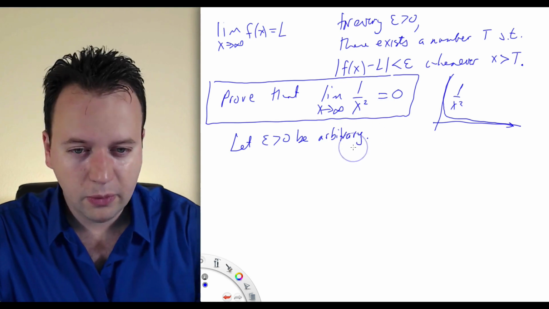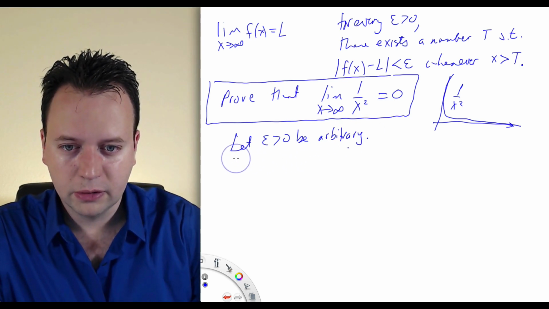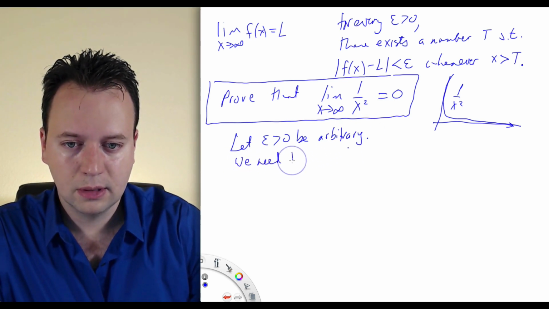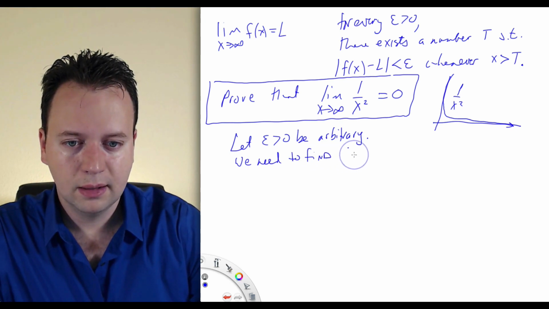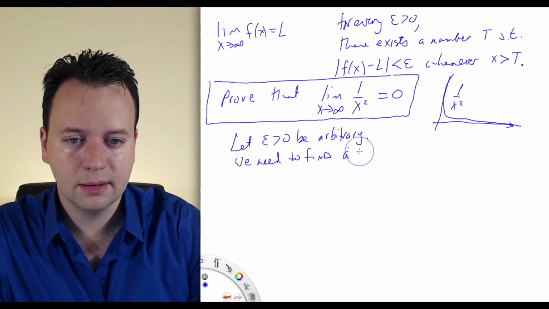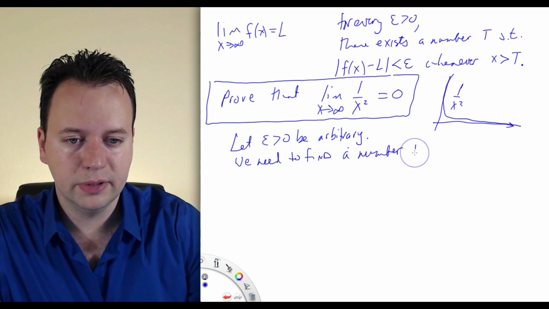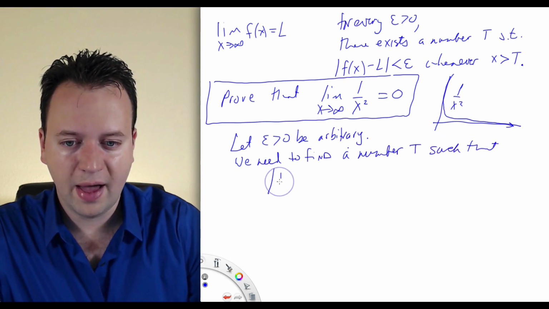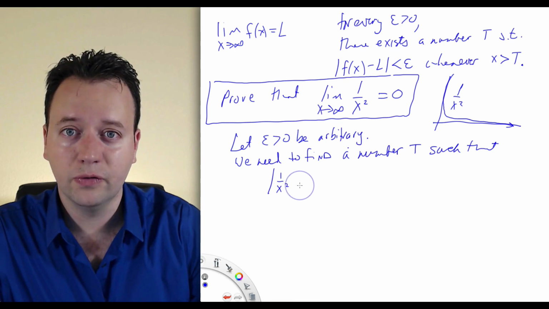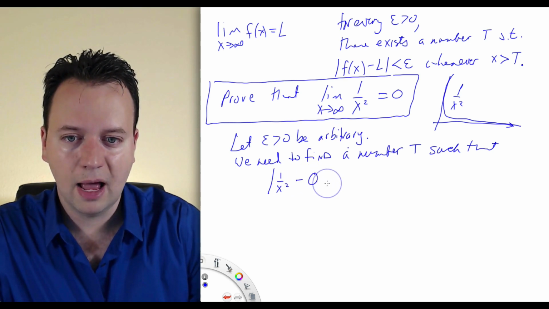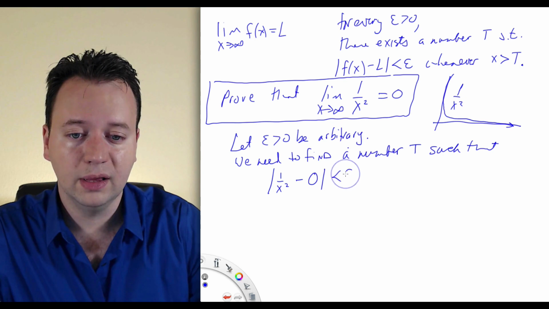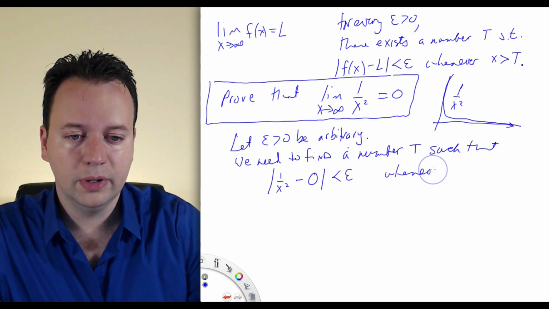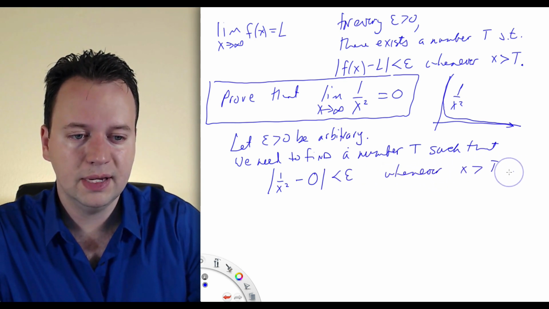And so we need to find a number t such that the absolute value of f of x, which is 1 over x squared, minus L, in this case 0, will be less than epsilon whenever x is greater than t.